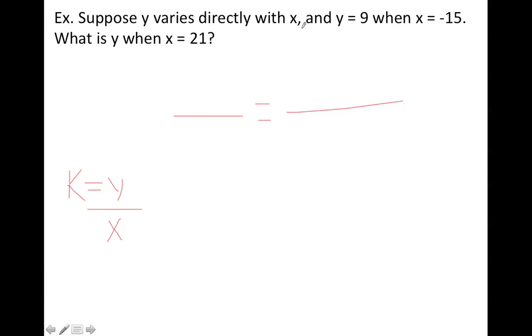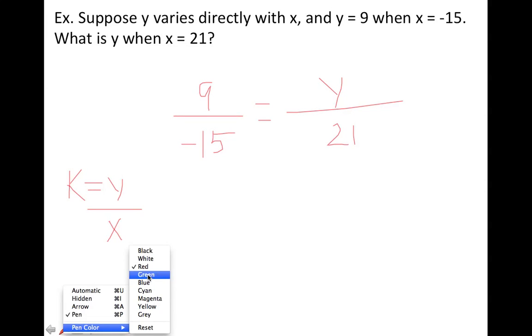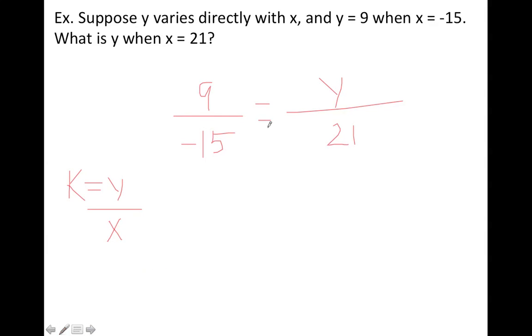So for the first one, we know that y is 9 when x is negative 15. And for the second one, we have to figure out what is y when x is 21. Now remember, when we are solving proportions or fractions that are set equal to each other, we cross multiply.